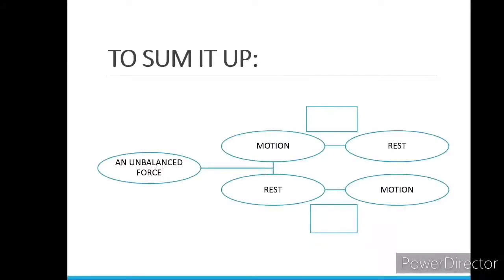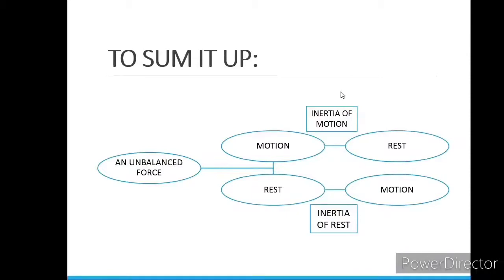So to sum it up, what we learned today, we have an unbalanced force, and we have an object which is either in motion or at rest. When an unbalanced force acts on an object which is in motion, then the inertia of motion tries to resist that change.